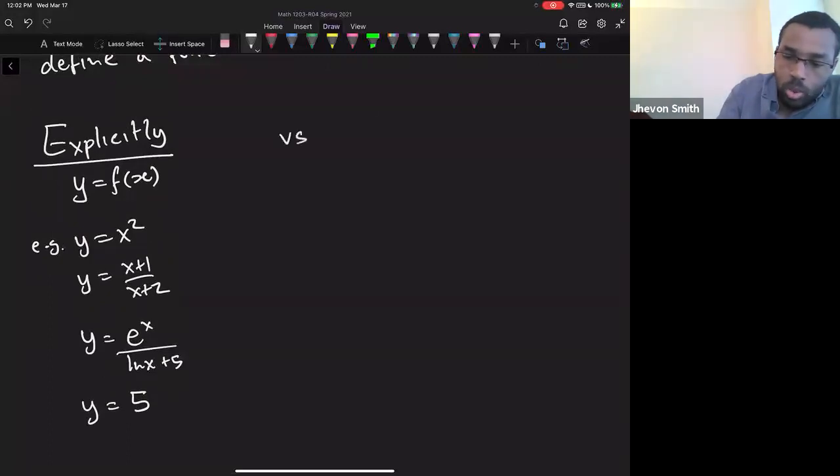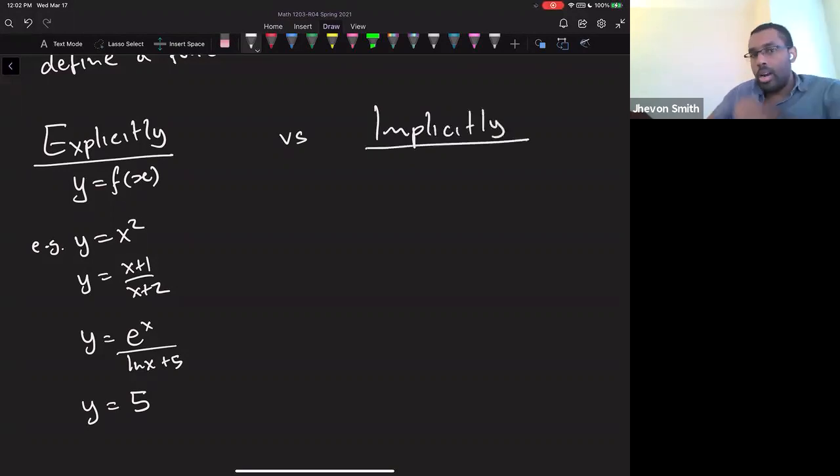Versus what we call implicitly. Implicitly means the function is there, but its definition is implied because we don't actually know what it looks like by looking at the formula. So this is like you have some formula that has x's and y's mixed together.